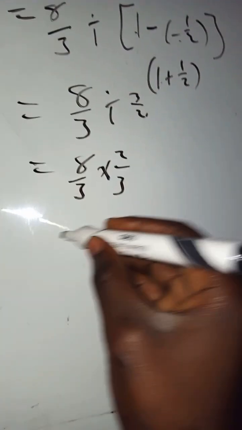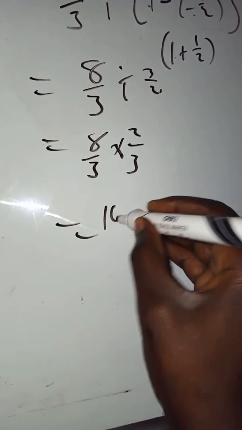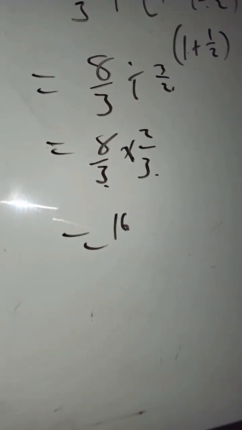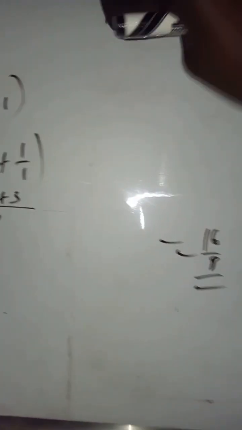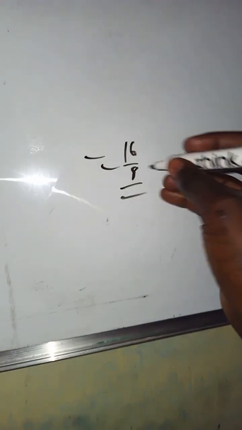What's down is on top. 8 times 2, 16. 3 times 3 is 9. Can't simplify this any further. You can leave your answer right here as a fraction. So basically that's it, and so I'll end in explaining the equations that I sent last time. Okay, so this is our answer, 16/9.